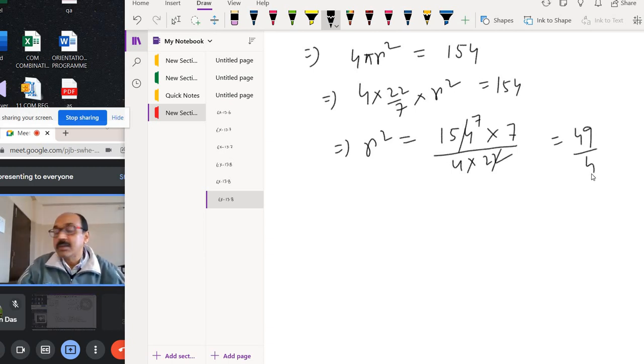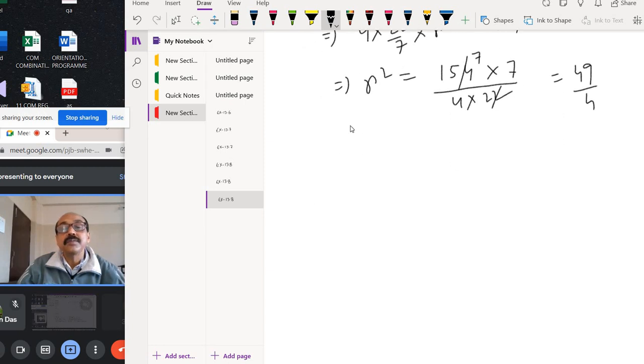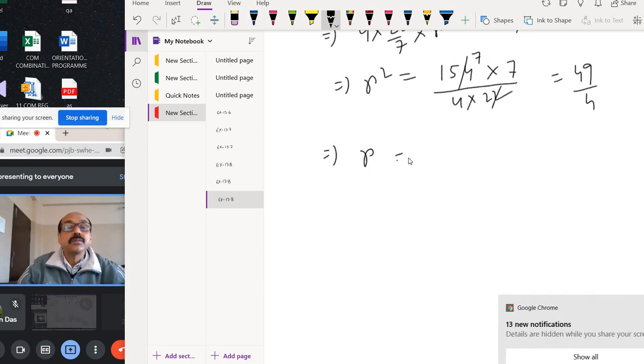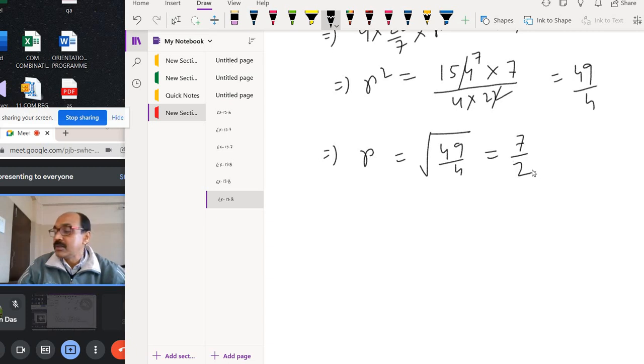Now radius r equals under root 49 by 4, equal to 7 by 2 centimeter. This is the radius of the sphere.